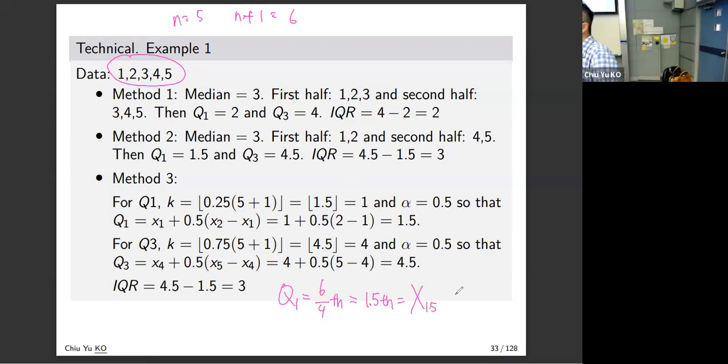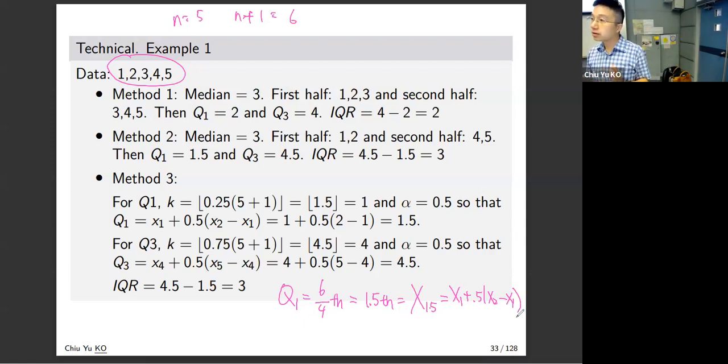So is that clear? It's between the first number and second number, halfway. So if you follow our formula, it will be just x1 plus halfway of x2 minus x1, because it's 1.5.